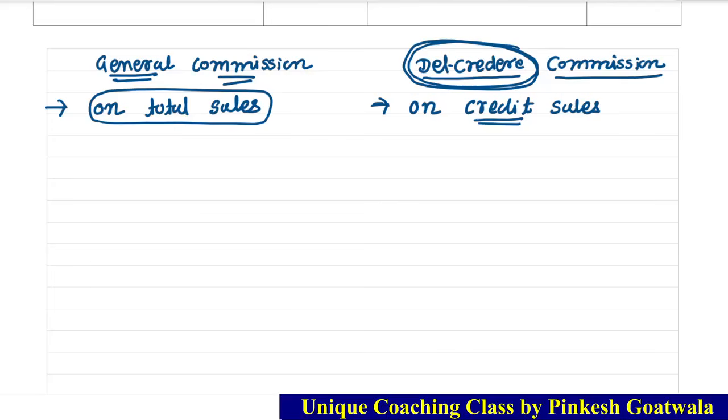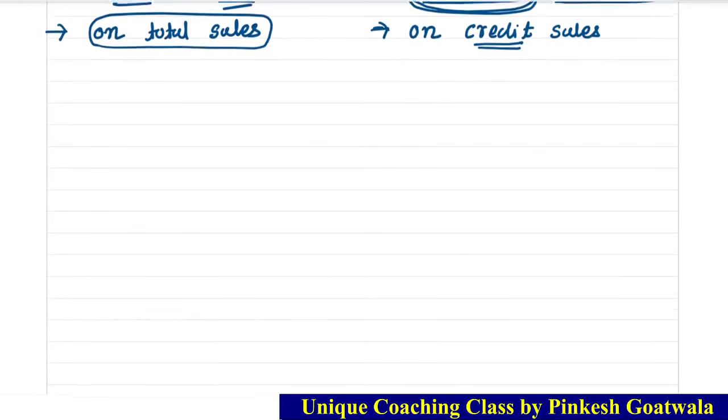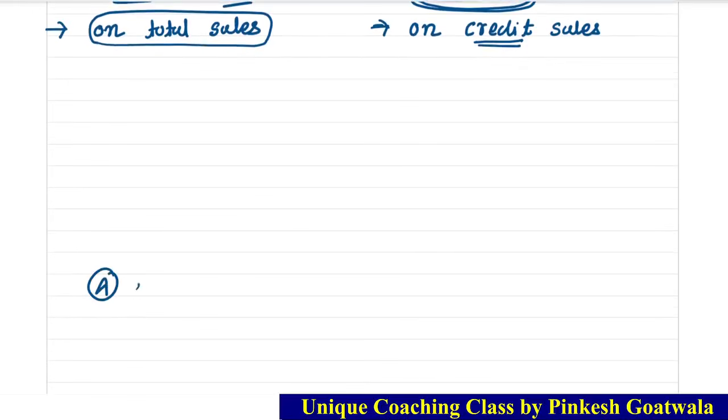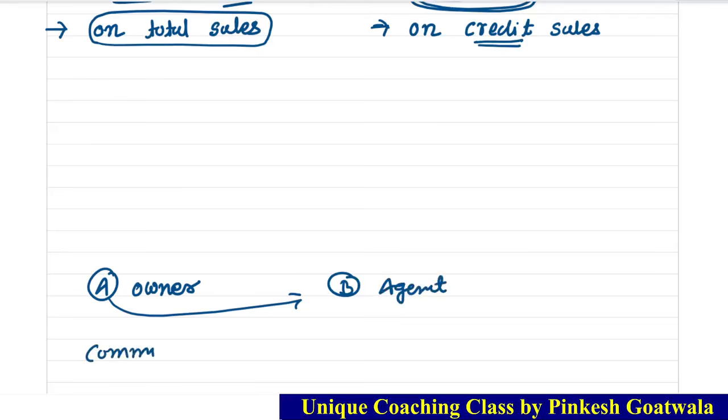Let's take an example. Suppose A is the owner. Now the owner sends goods to B, the agent, meaning the consignee. Now suppose they deal that the commission is 10%. Whatever sale is done by the agent, he will get 10% commission.